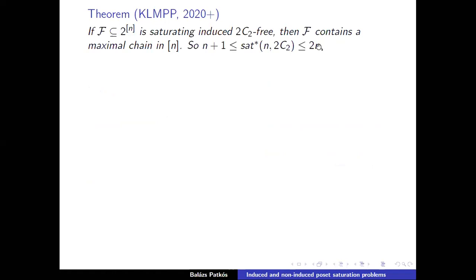The upper bound 2n comes from taking a maximal chain and adding all the singletons, that's 2n sets, and you can check by hand that this is 2C2 saturating.